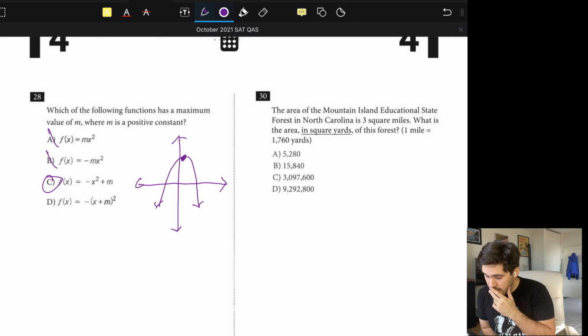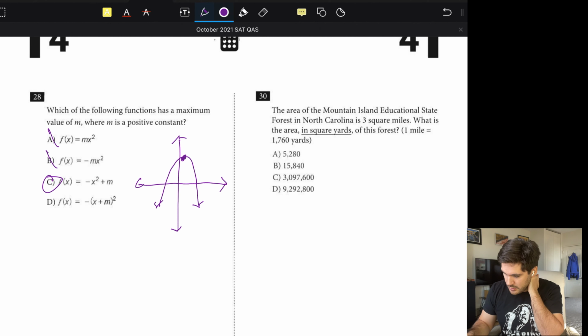Number 30, the area of this forest is 3 square miles. What is the area in square yards? So if it's 3 square miles, let's say that this is the forest and this is 3 square miles.